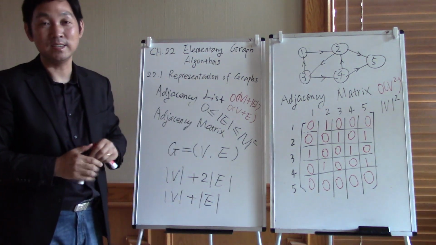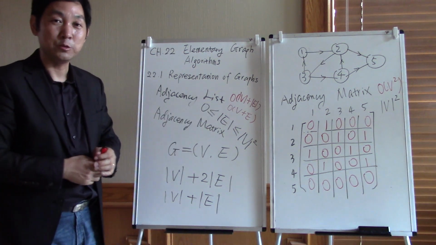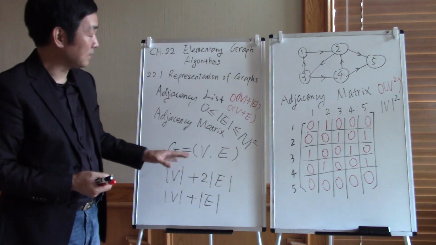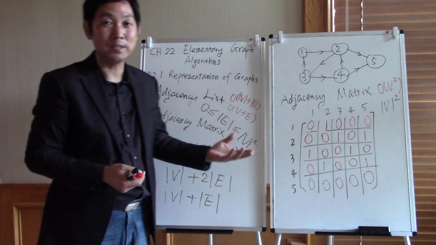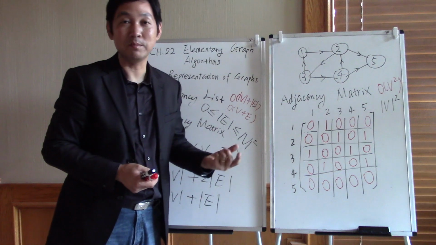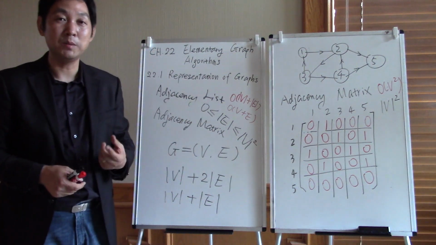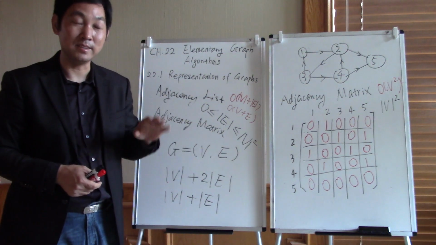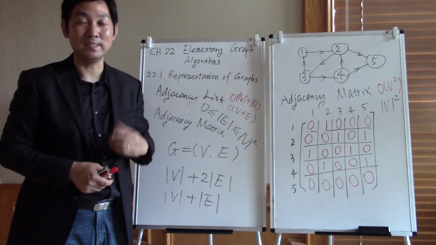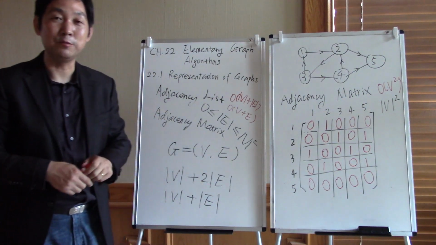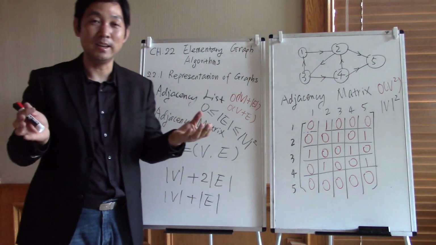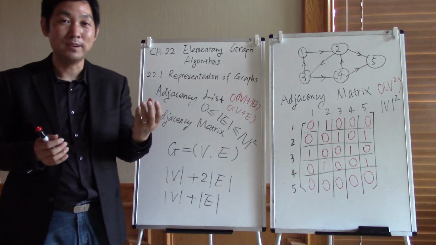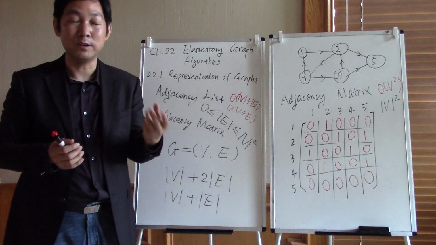But this comparison assumes that the numbers are just numbers. We don't consider how many bits are used in each number. If we consider the bits, then there's a subtle difference, which I think you can all figure out. For the adjacency list, every number in it is an index for a vertex.